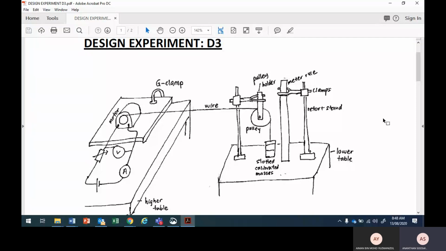Okay, so now write the variables: the variable to be manipulated, independent, dependent, and constant. Write the method.